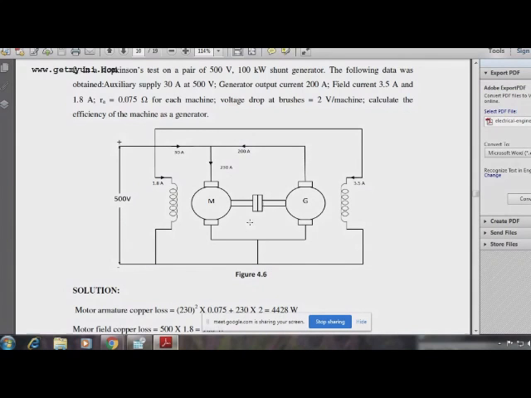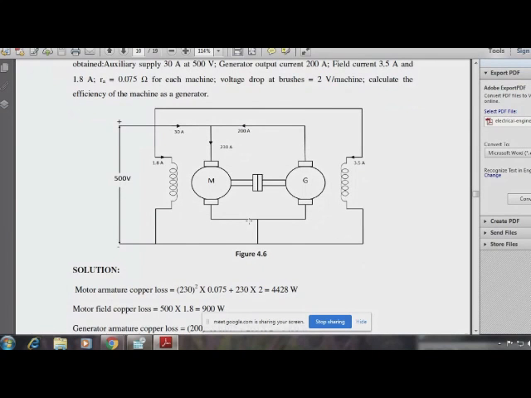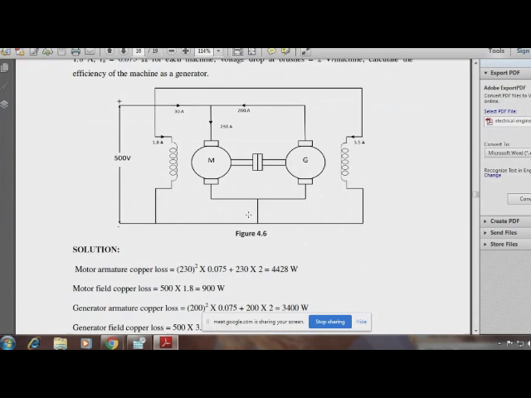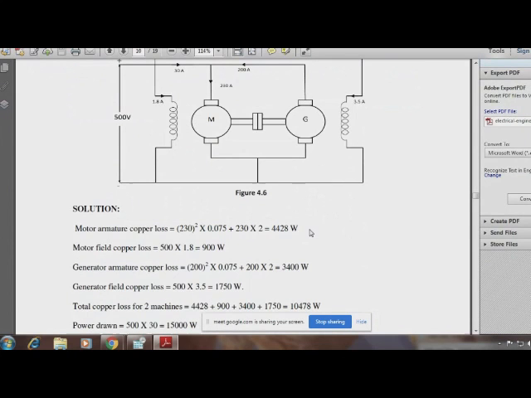Therefore, it is 230 volts into 2. Is it clear? Therefore, the total armature copper loss is 4428.